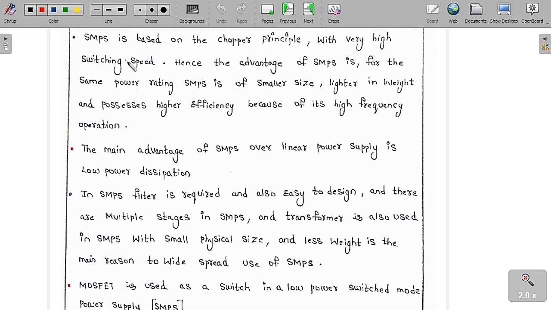So these are some of the advantages of the SMPS: light weight, higher efficiency, and high frequency operation. It also uses the chopper principle, or DC to DC circuit.